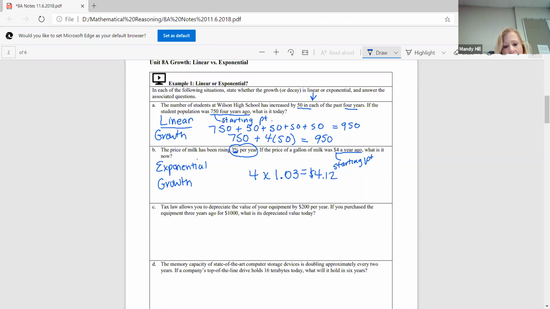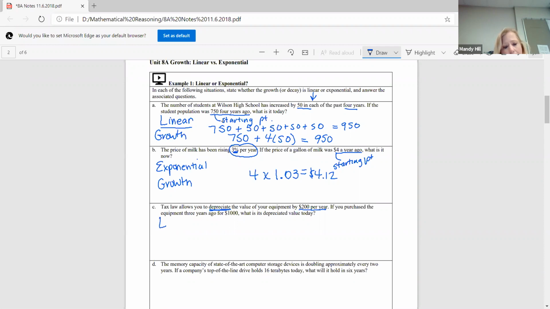Tax law allows you to depreciate, which means that something is decreasing, going down in value, of your equipment by $200 per year. This is not a percentage, so this is probably not exponential. If you purchased the equipment 3 years ago for $1,000, what is its depreciated value today?